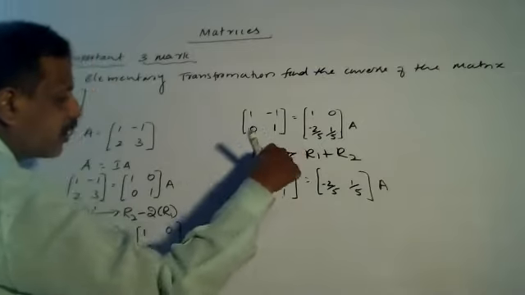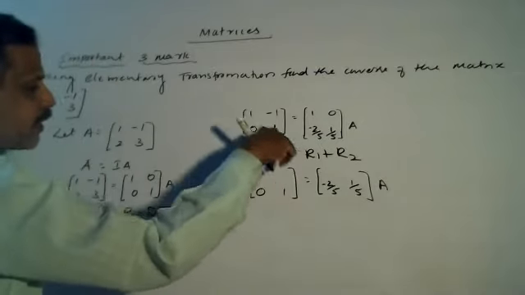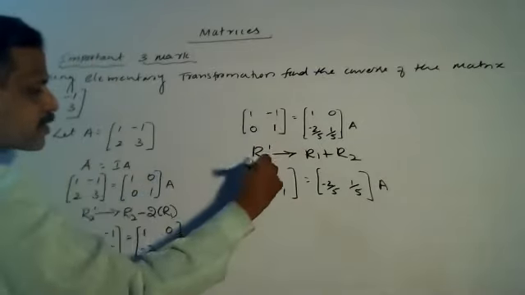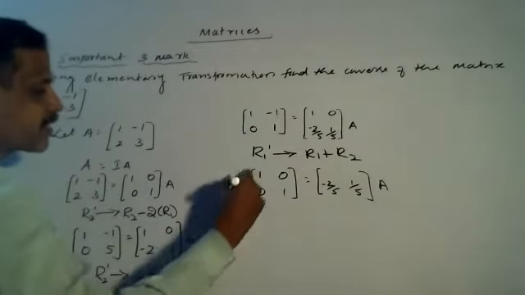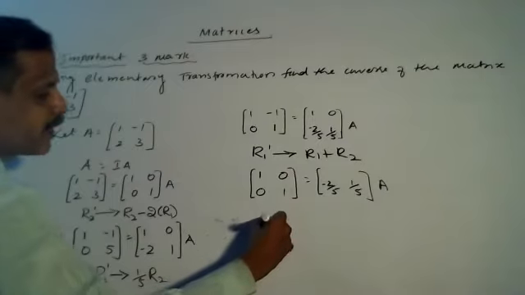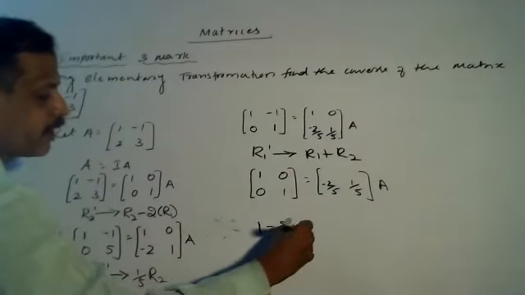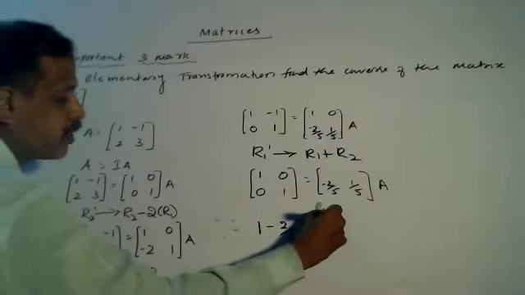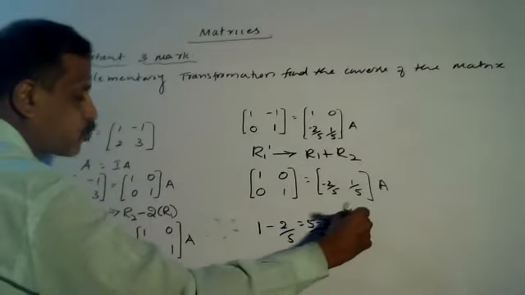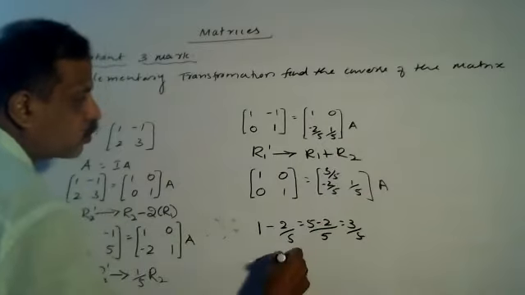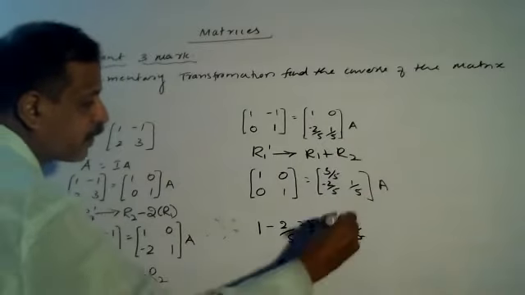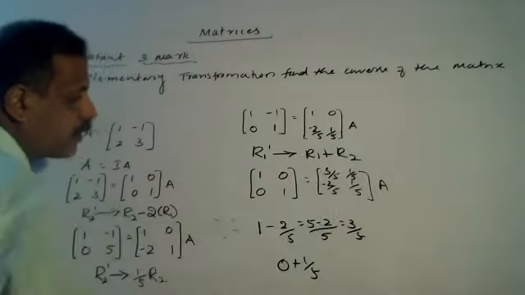Only R1 changes: 1 plus 0 is 1; -1 plus 1 cancels, 0. Here 1 minus 2 by 5 is 3 by 5. Next, 0 plus 1 by 5 is 1 by 5.